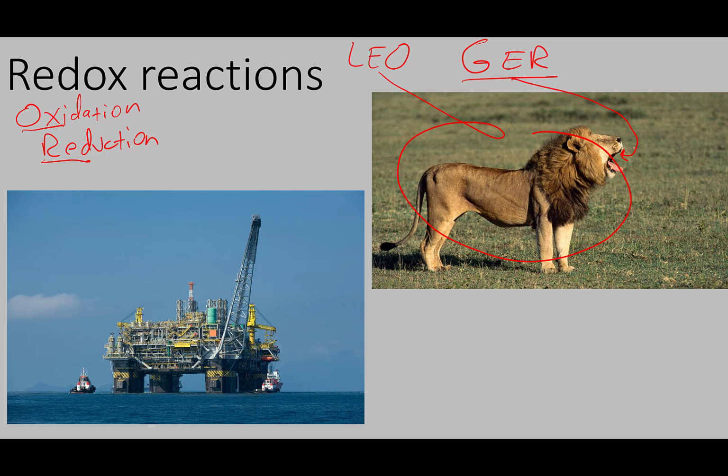So that's one way to remember who's losing electrons, who's gaining electrons. Another way to remember it is oxidation is losing electrons. Reduction is gaining electrons. And there's our oil rig. Oxidation is losing, reduction is gaining. Whichever one of those sticks for you, those are some ways to remember what's what.